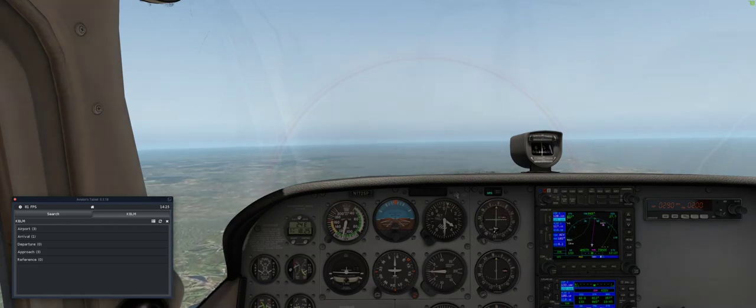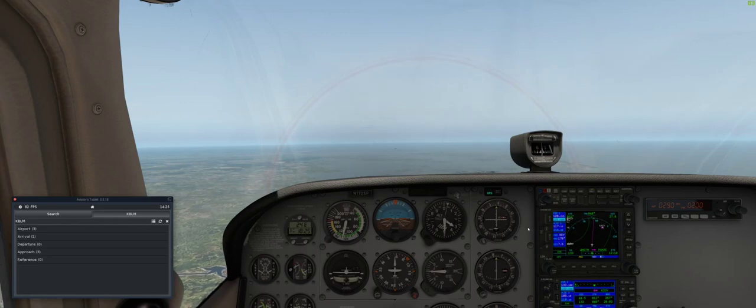And this, by the way, is not an HSI, horizontal situation indicator. This is a different animal. This is a CDI, course deviation indicator. It shows your course and how you're deviated from it. It does not show you what heading you're flying right now at this point in time.